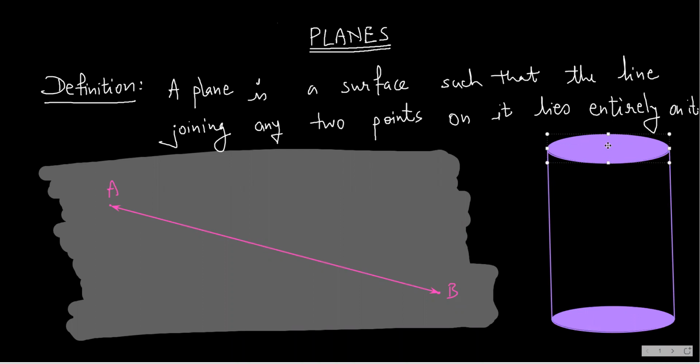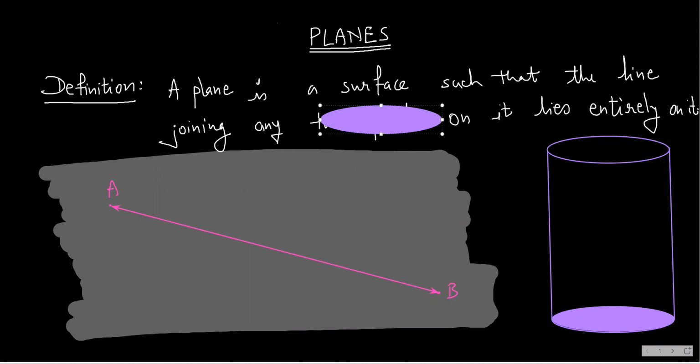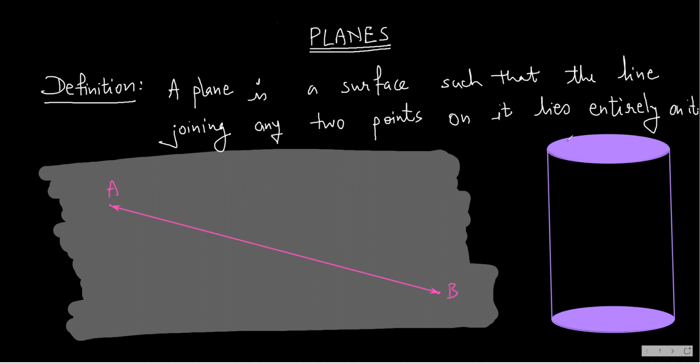If it is a hollow cylinder, then you can put something inside the cylinder. But if it is a solid cylinder, it will be packed from top and bottom. Now see, these two surfaces are flat surfaces. You see this? This is a flat surface. This is also a flat surface.